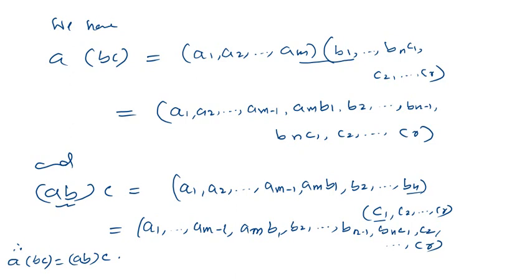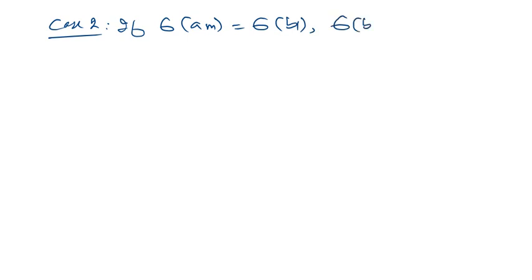सो केस सेकंड इज, केस सेकंड क्या है? केस सेकंड इज इफ index of AM is equal to index of B1 and index of BN is not equal to index of C1. That's case second. ये भी आप खुद करोगे assignment.